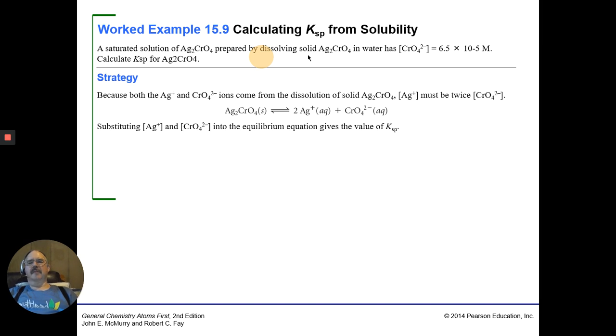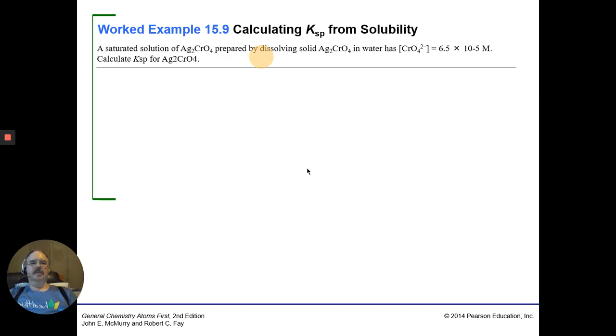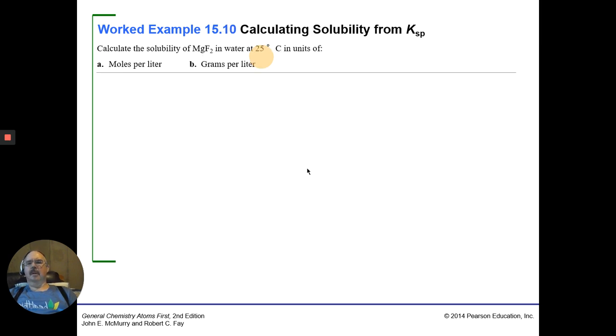Because both silver ions and chromate ions come from the dissolution of silver chromate, silver must be twice as much as chromate. So substituting the silver and the chromate values into the equilibrium equation will give us the value of KSP. And again, don't forget to square the silver ion concentration. So we get the same number as we did in the last problem.